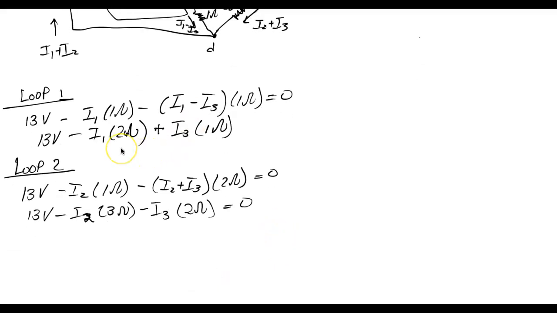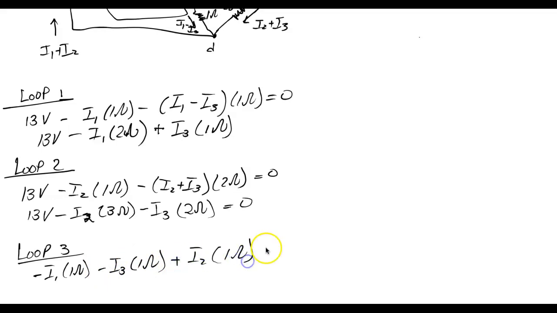And now let's look at loop 3, which is the upper triangular loop. And let's start at C and go counterclockwise. So we have minus I1 times 1 ohm minus I3 times 1 ohm plus I2 times 1 ohm.